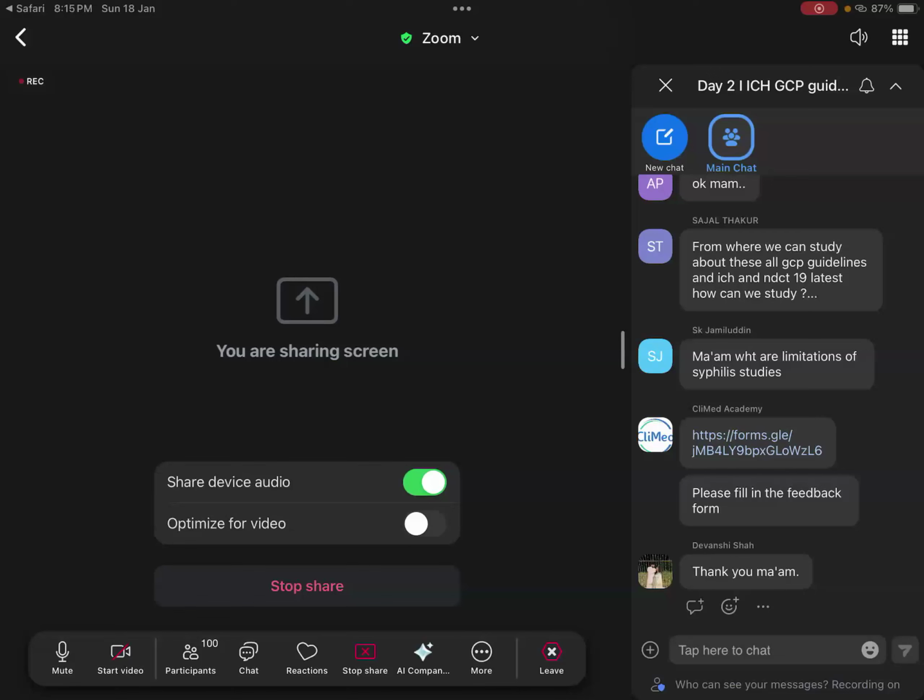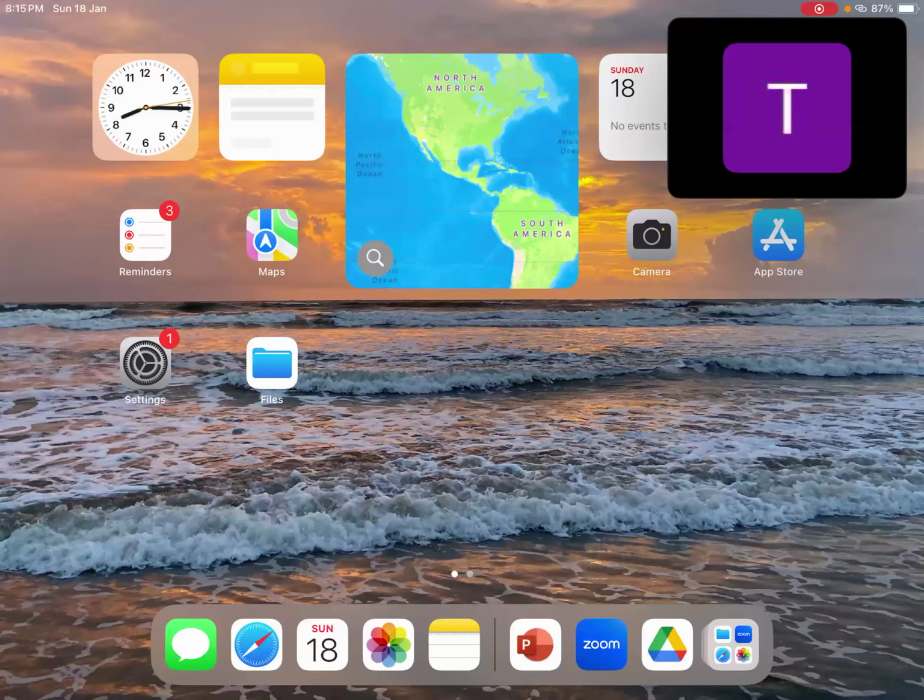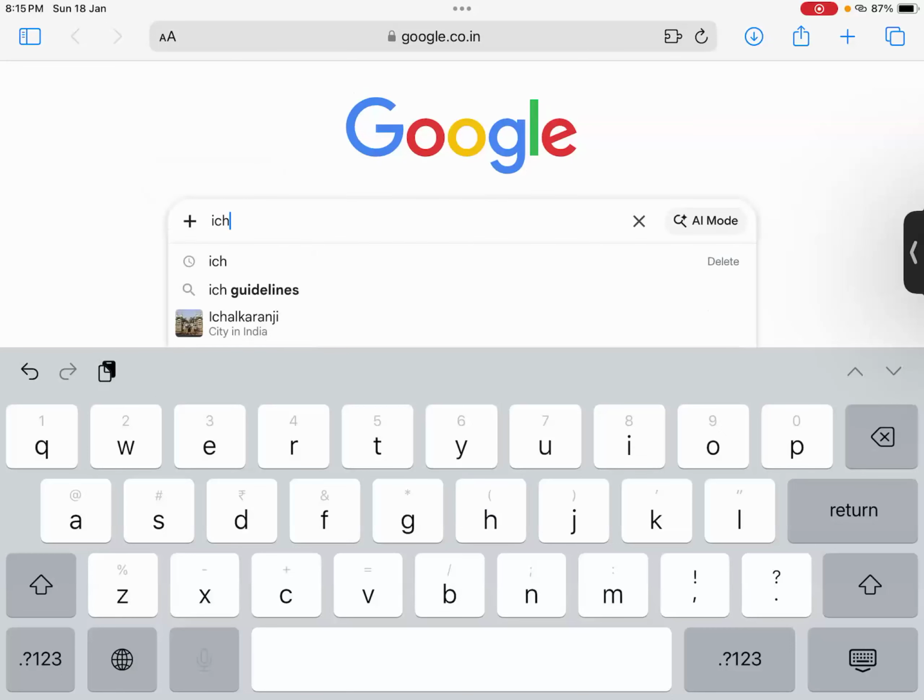Okay, so I am sharing my screen once again. I am sharing a browser. In this browser, just simply type ICH.